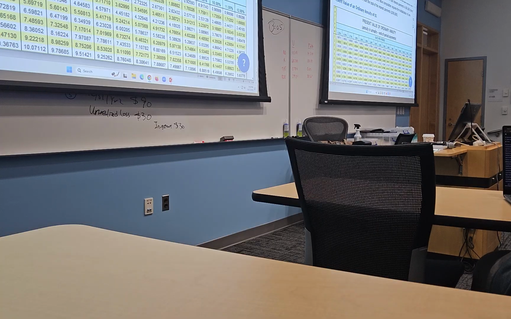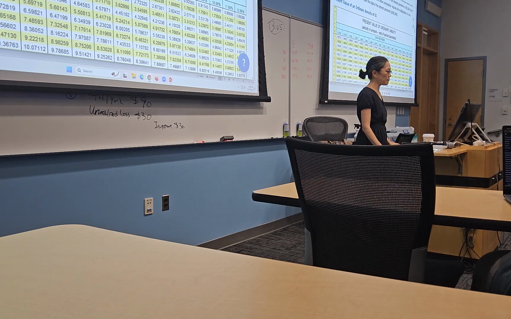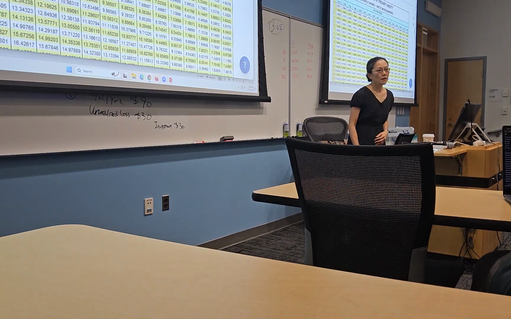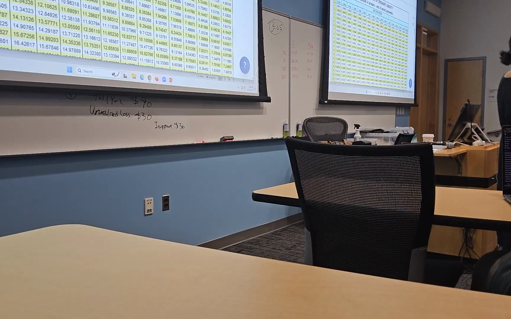Okay. All right, so now let's look at a different table. Is this clear for the present value table? Good? Okay, now let's look at the present value of an annuity. Annuity is a commonly used financial vehicle. It's a future cash flow happening at the same interval, the same amount.